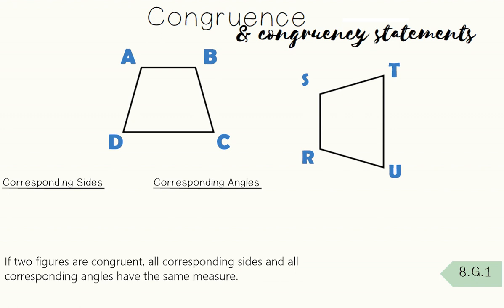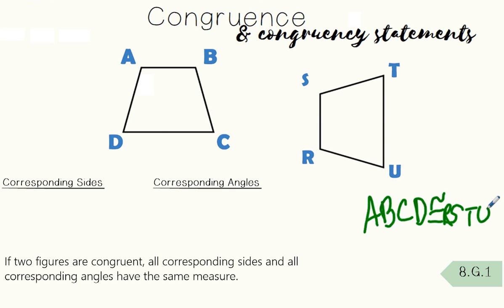So the final thing that we need to discuss is congruency statements. In this example, I have 2 quadrilaterals, and I would need some more information. Most likely, I would be told that shape ABCD is congruent to shape RSTU.